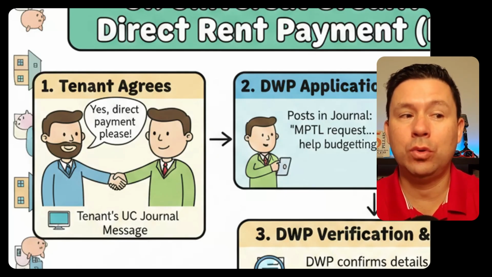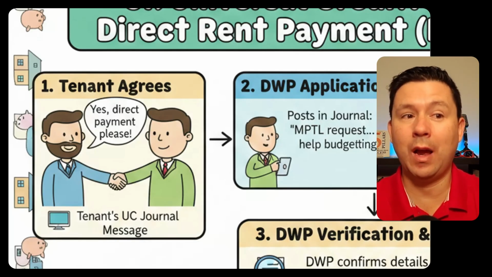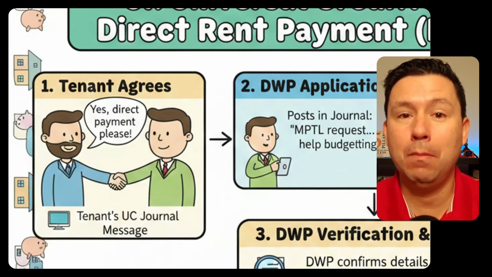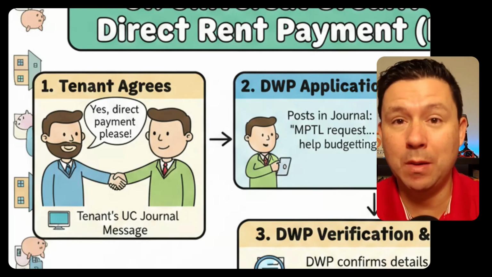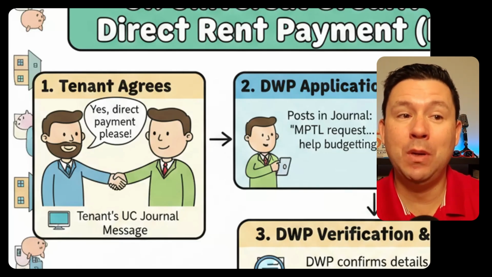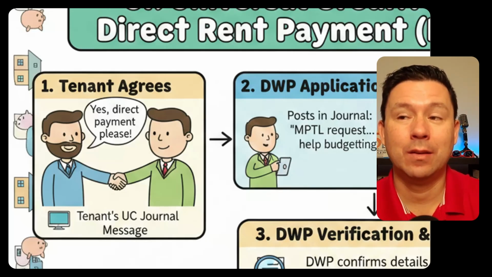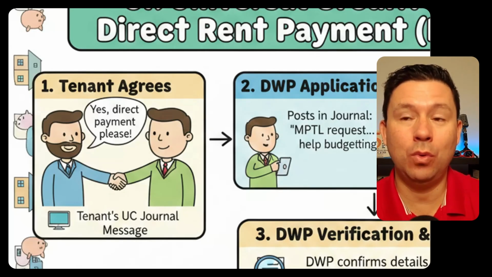He should log into his journal account, in his Universal Credit account, and then put in a request for a direct payment to the landlord. And the name for this payment is an MPTL, as you can see on the screen, and that means a Managed Payment to Landlord.